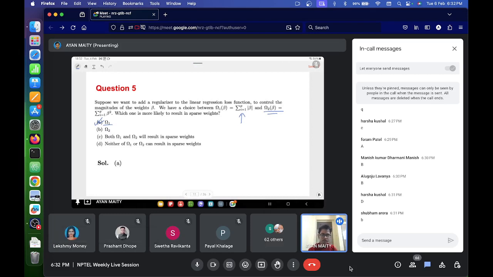It has been taught in the class also that lasso regression, where we just sum over all the absolute values of the parameters beta, drives the values towards 0 more often than beta square. Because of this absolute value, it tries to drive the values towards 0 much more than omega 2.